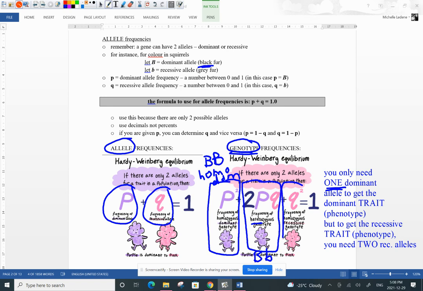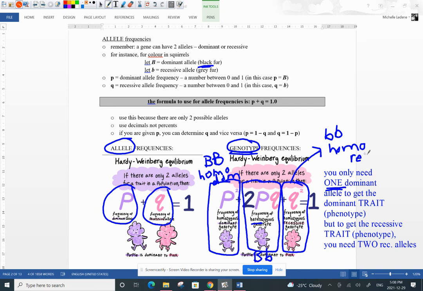And finally, the last term in this equation, q squared, this is all of the squirrels that have two recessive alleles. These are all of the squirrels that have two little b alleles. So they are going to be homozygous recessive.